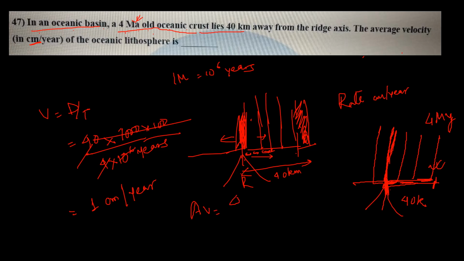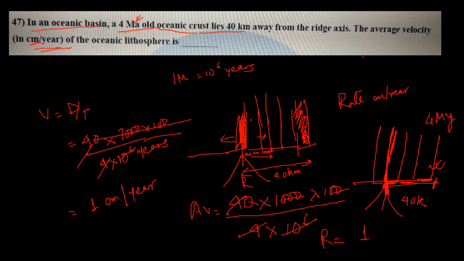Here the distance is 40 kilometer and they are asking in centimeter per year, so you have to convert kilometer to meter and then centimeter. Million years means 10 to the power 6. So the rate will be 1 centimeter per year. Okay, this is the question. Next we will decide next.